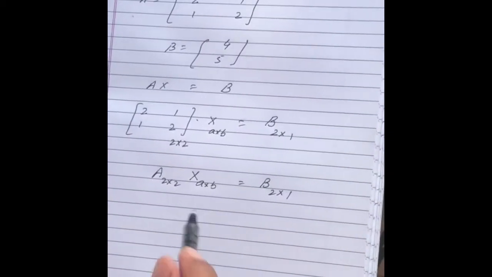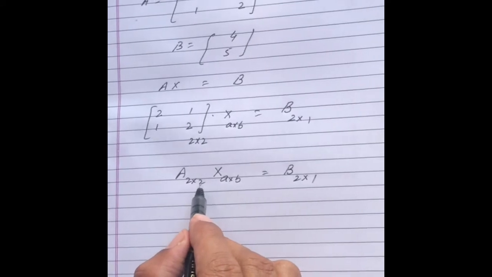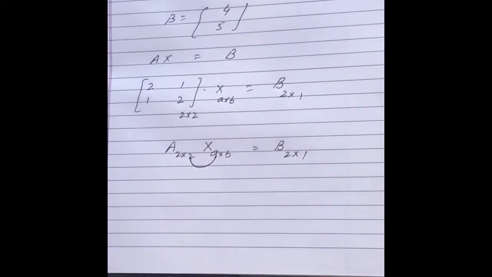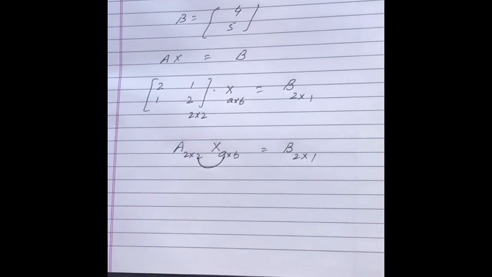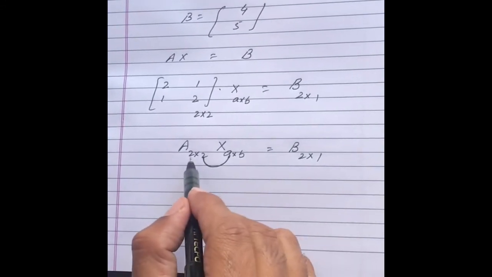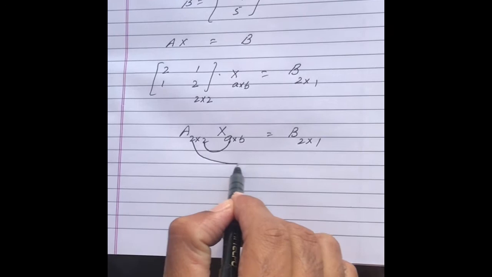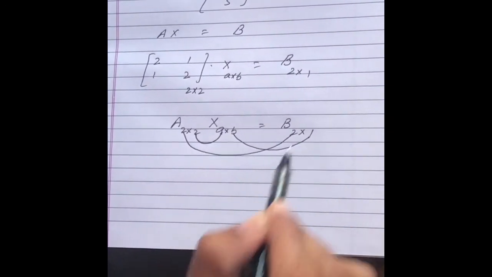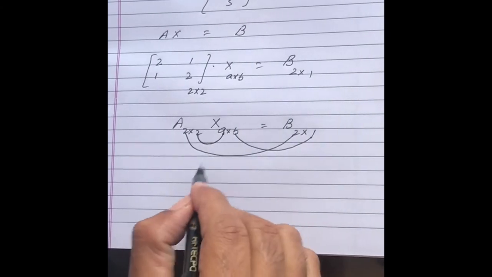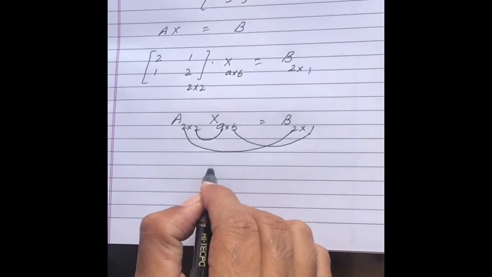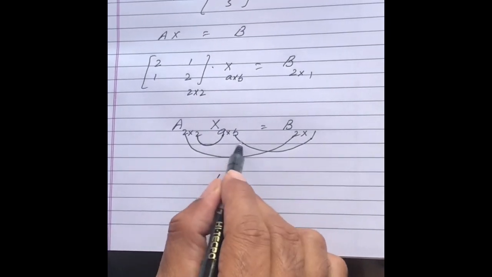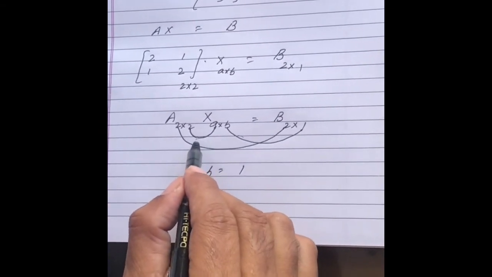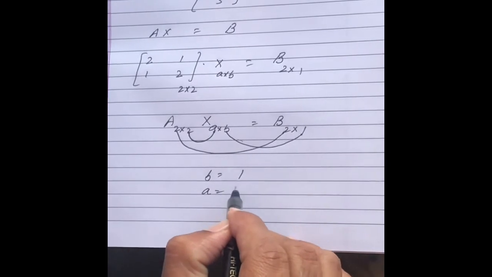Now for multiplication, the number of columns in the first should be equal to the number of rows in the second. Then in the answer we get the number of rows from the first and the number of columns from the second. So what is the value of B? B is 1. What is the value of A? A is 2.